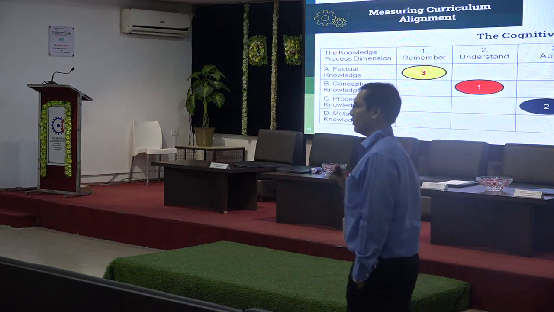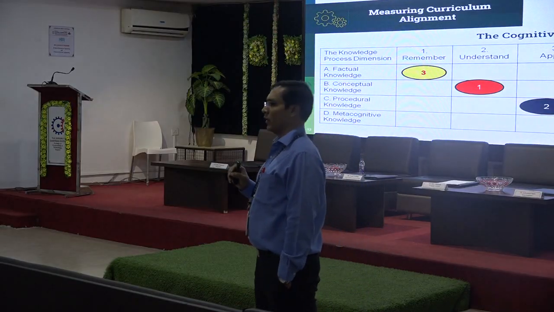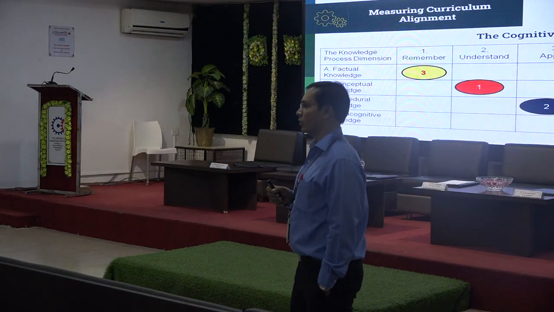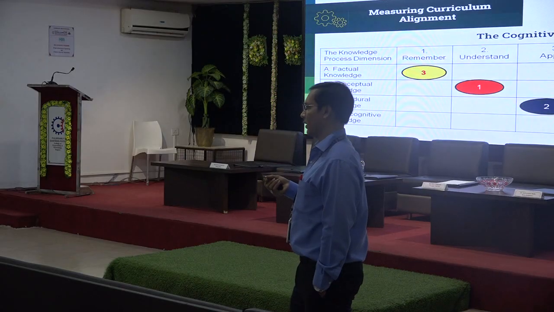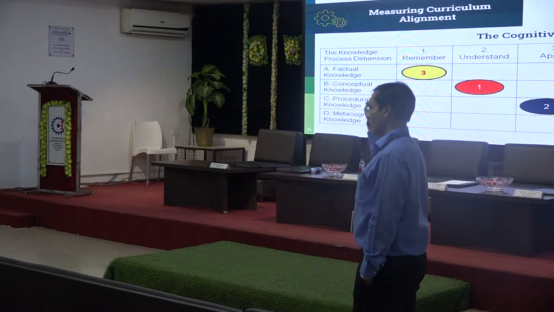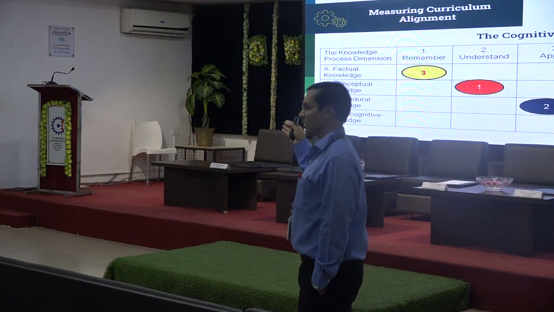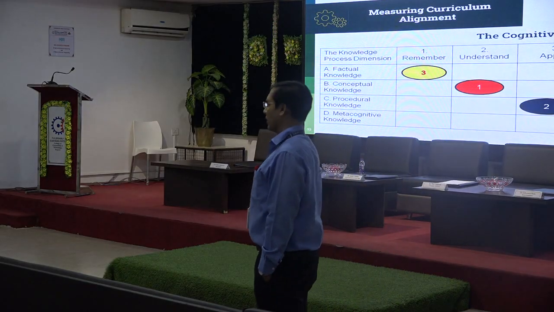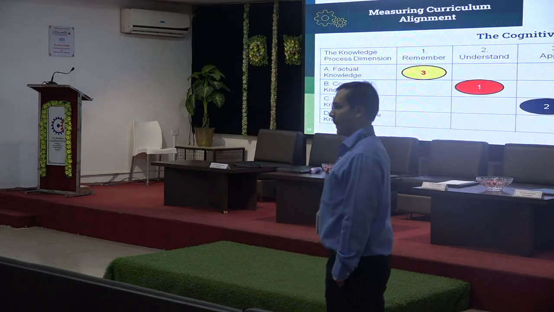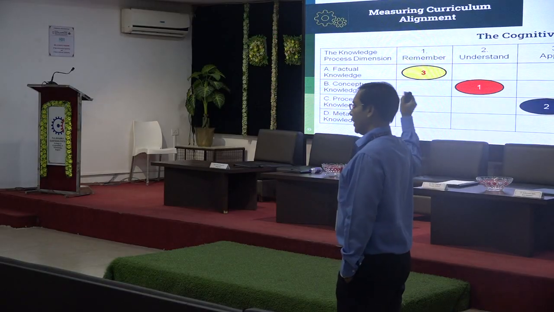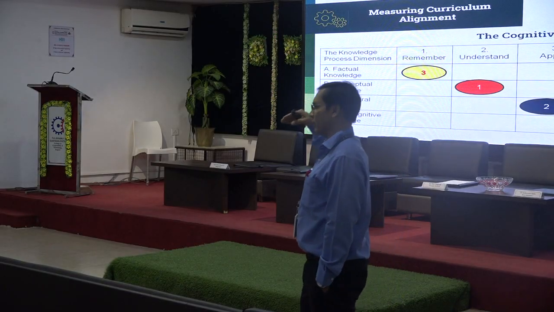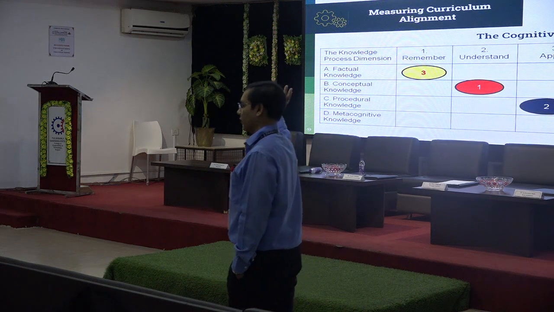So now let us focus on this particular table. A few slides ago I showed you a taxonomy table, right? In that taxonomy table, on one side there were knowledge category domains or dimensions like factual, procedural, metacognitive, and on the other side we have the 6 levels: level 1 to level 6.